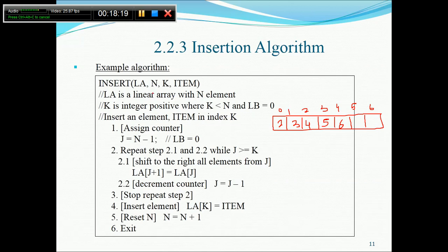So we have a linear array LA with n elements. Here n is the number of elements. In my case, what is the n value? I have 5 elements. K is a positive integer, where k is less than n.